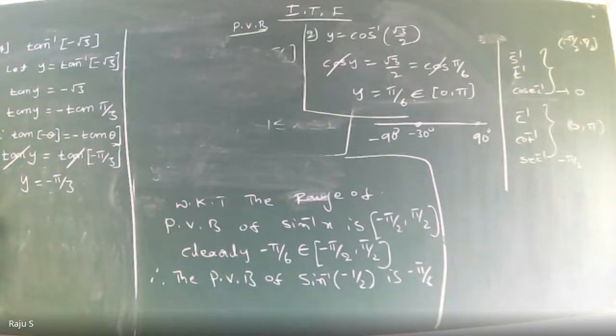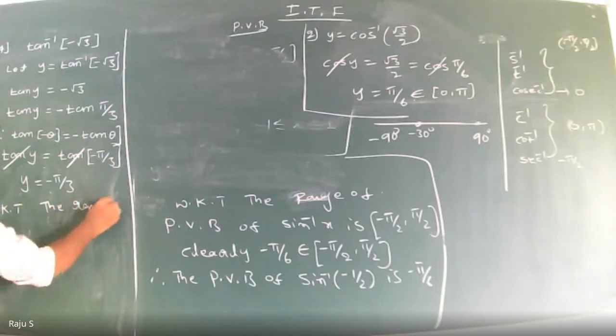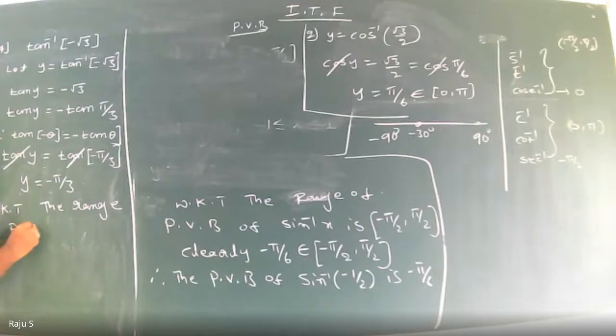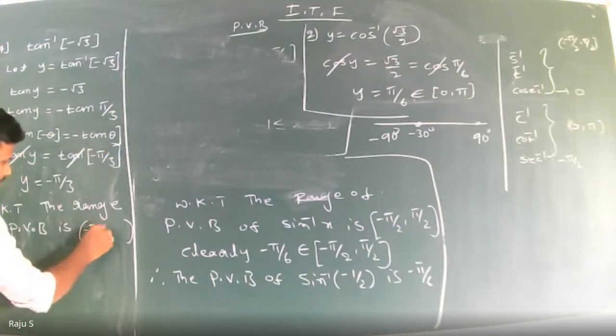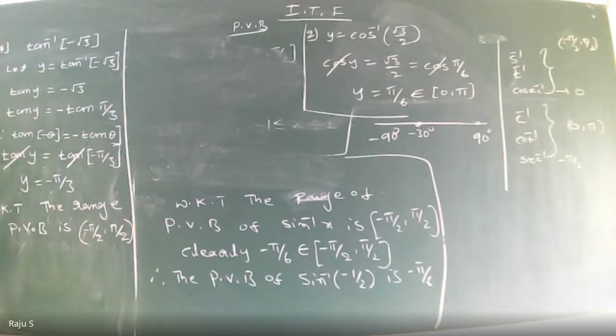Now you have to write that we know that the range of the principal value branch is, what is the range here? Open interval or closed interval? The interval is important. I said very clearly, sine inverse, tan inverse same. So minus pi by 2 to pi by 2.